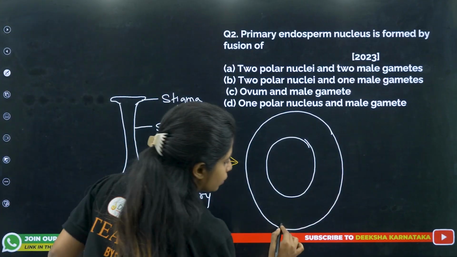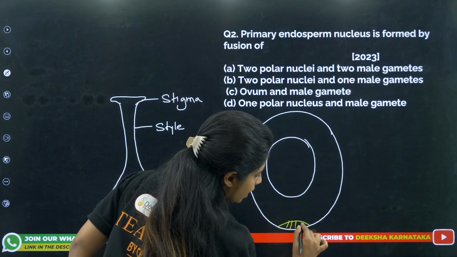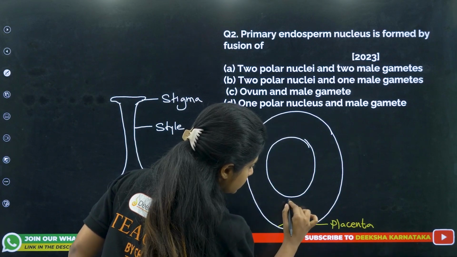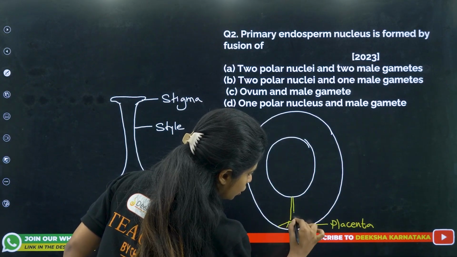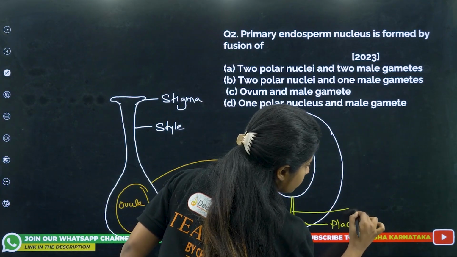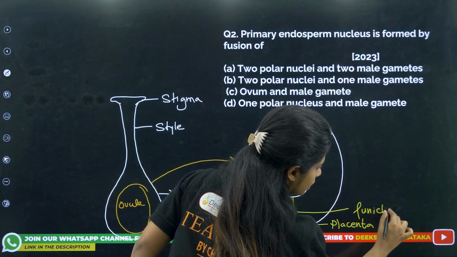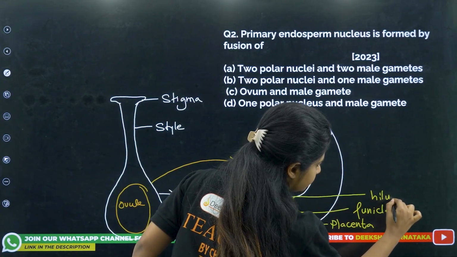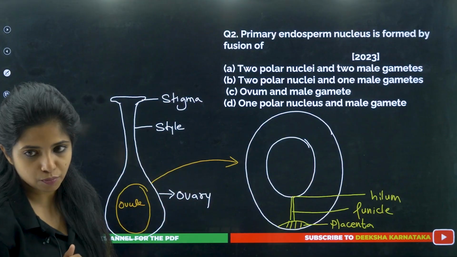Over here, the ovary has something which is known as placenta, and the placenta is attached to the ovule with the help of something that is known as funicle, and this point of attachment is known as hilum. This provides the initial nourishment.